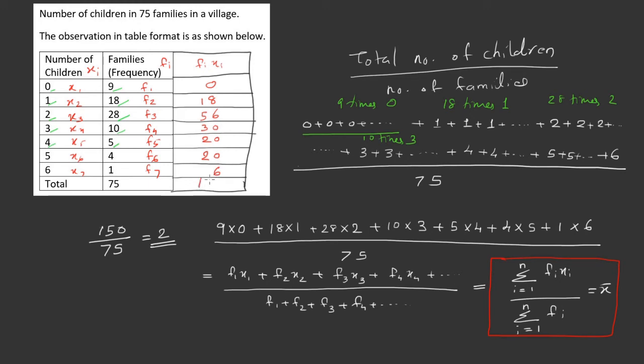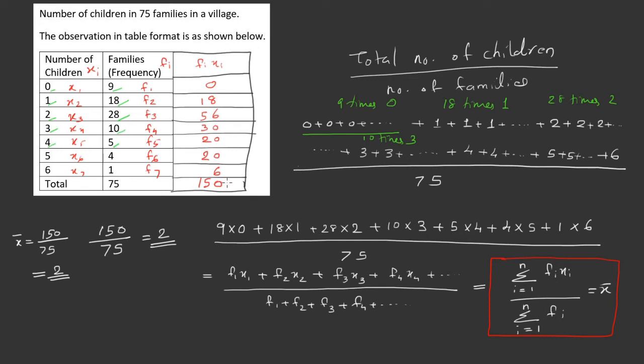The total is 150. We know x bar is equal to sum of fi xi divided by sum of fi. Sum of fi xi is 150. Therefore, x bar is equal to 150 divided by sum of fi, which is 75. That is the same as 2.